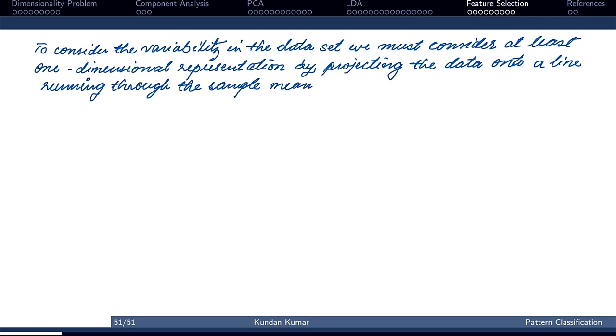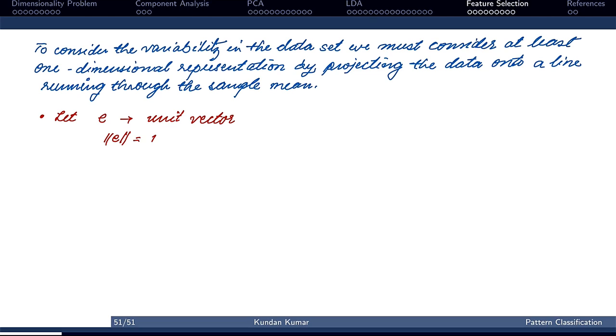So what do you mean by this? For this we can consider that E is a unit vector. Unit vector means that the magnitude or norm should be 1.